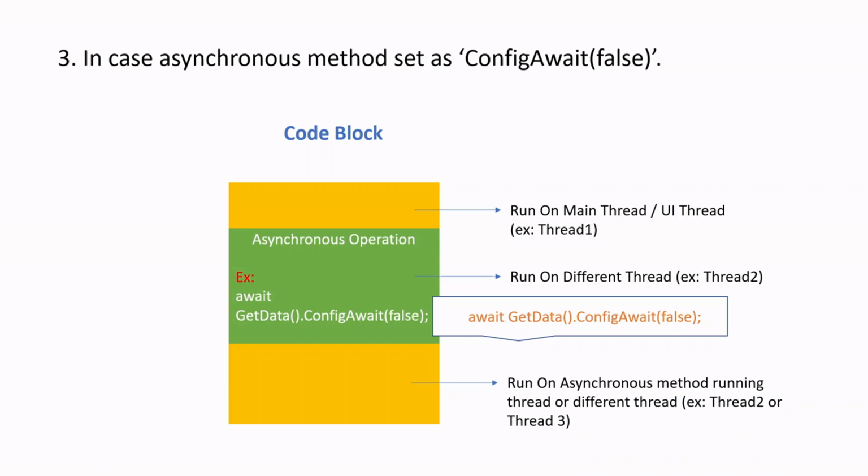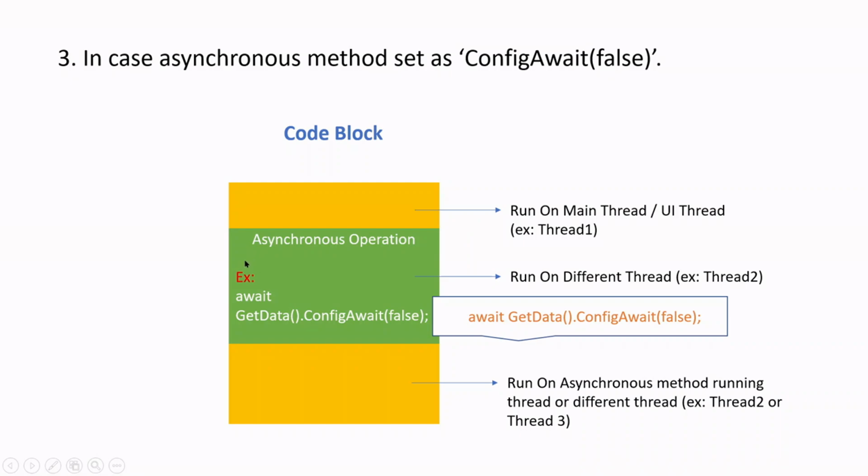Here, once we set ConfigureAwait false, we can see some different behavior. For example, in this yellow box, we can take it as our code block. Once this code block starts executing, by default, it will run on the main thread or UI thread. For example, we can consider this thread name is thread 1.